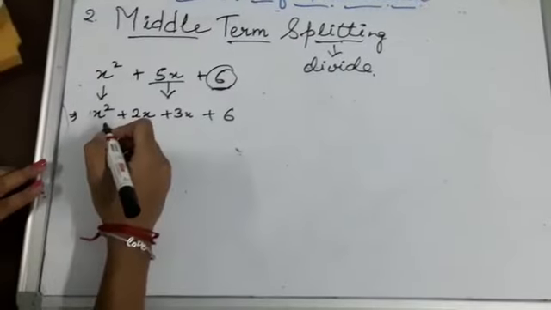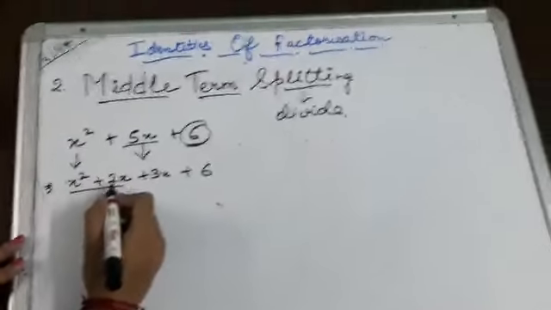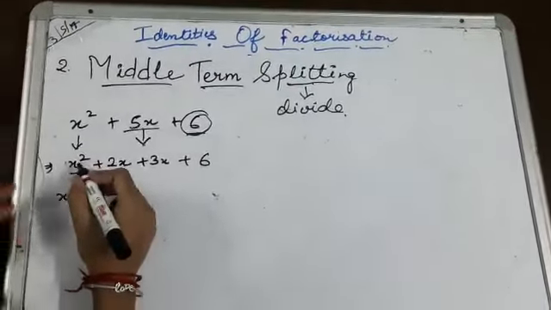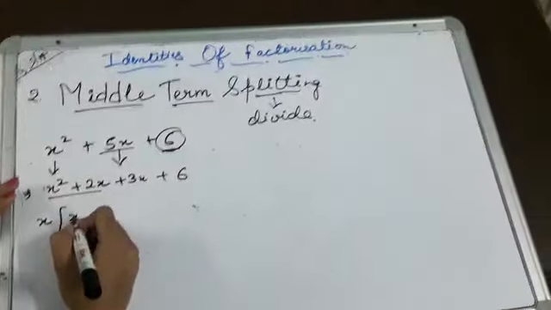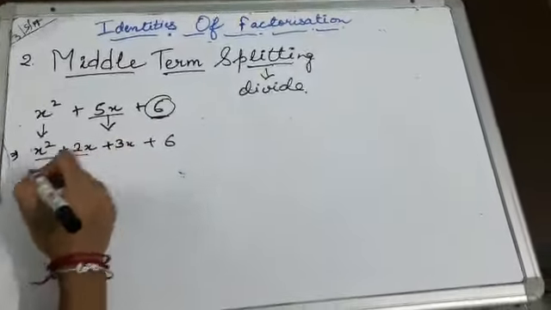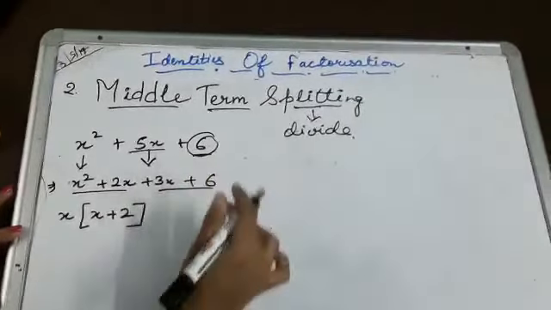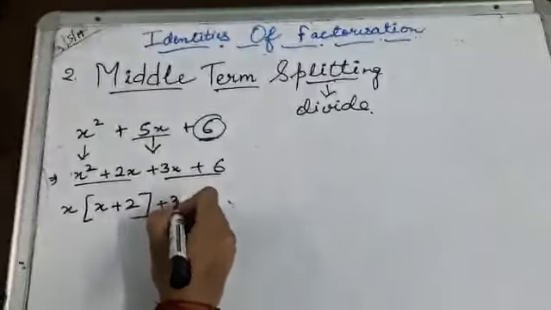So we have to take the common from both these terms. The common from x square and 2x is x. From x square, x comes out. So what is left? That is x plus 2. Then we take the common from the other two terms, and the common is 3.